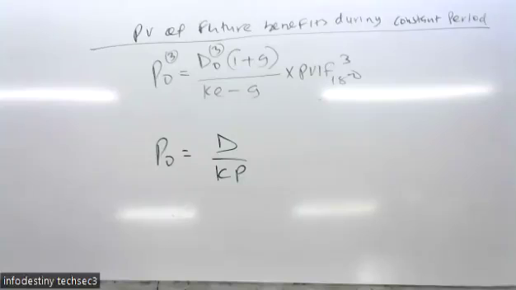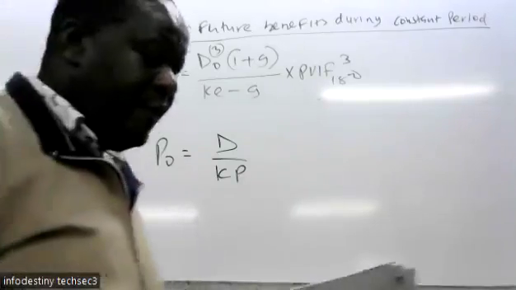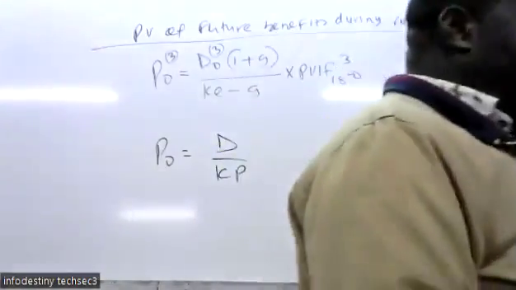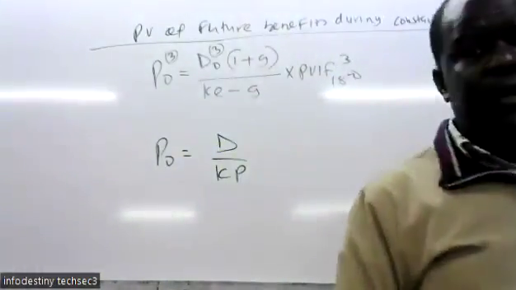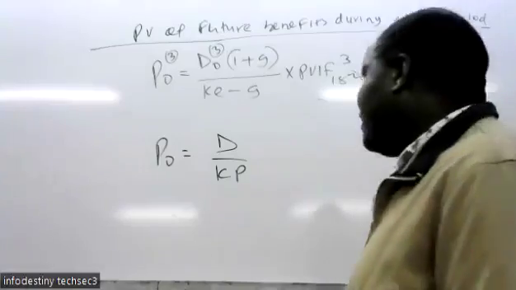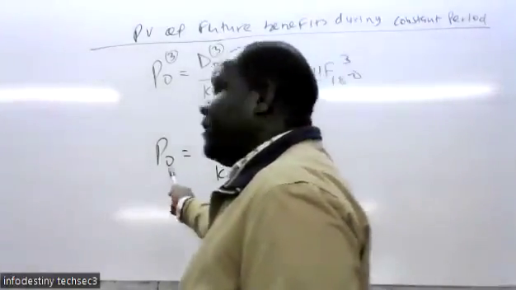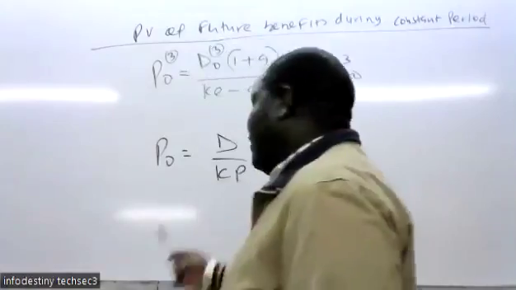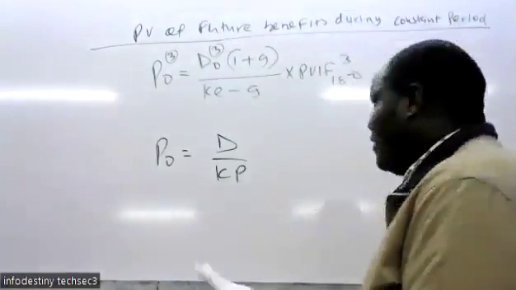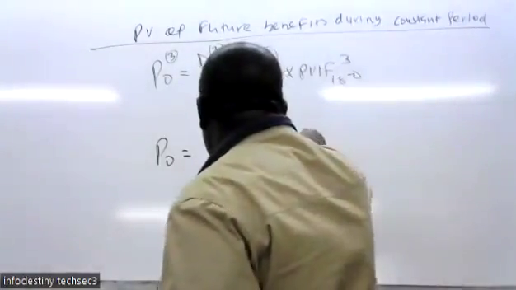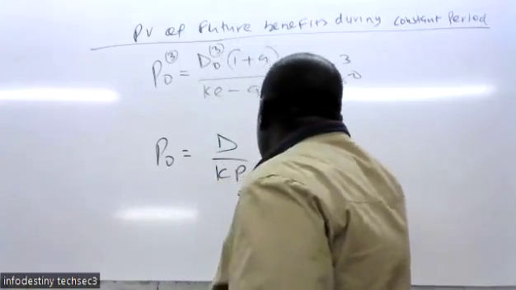So a firm has issued 10% preference shares to raise funds, and the shares have a par value of 100. To get the value of that preference share, it is dividend divided by KP.